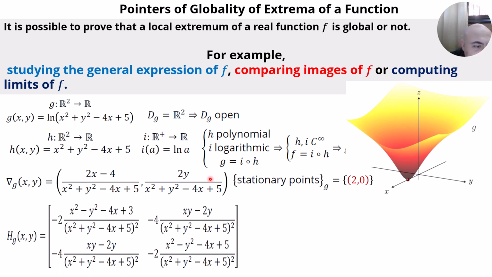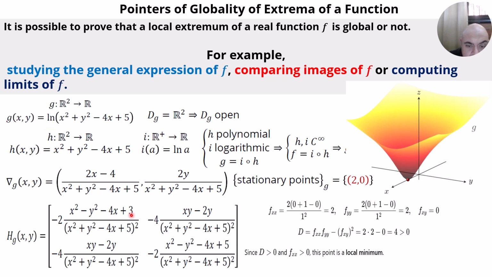Let's go for the second order derivative. I've already made the second order derivative and simplified it as much as possible. Let's start substituting by 2 and 0 on all of these guys. So the y will disappear. Just only substitute by the value of x. This is going to be 0. That's going to be 0. This is not going to be 0 and that one too. So start substituting.